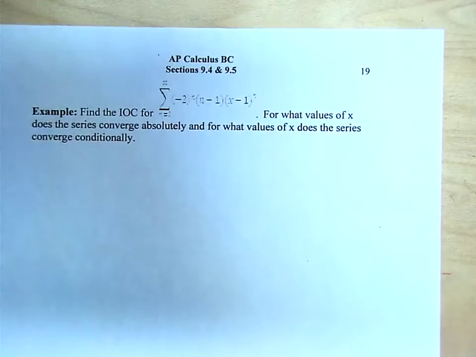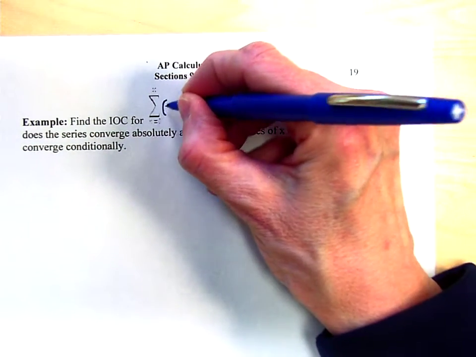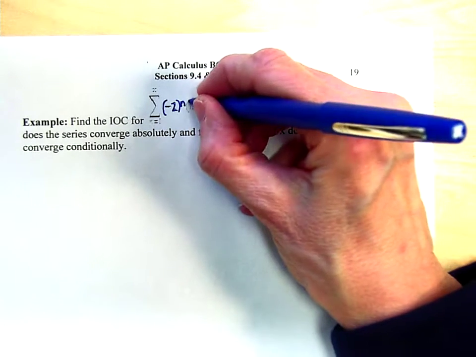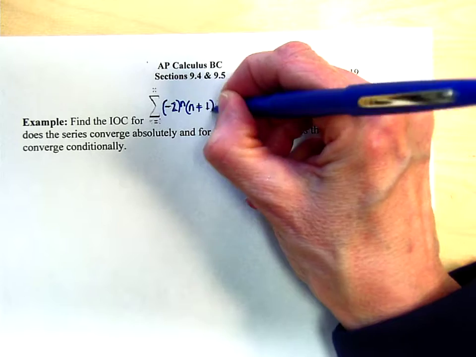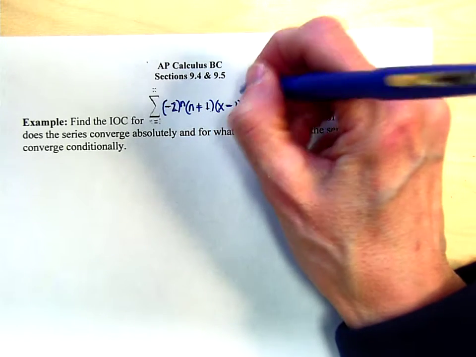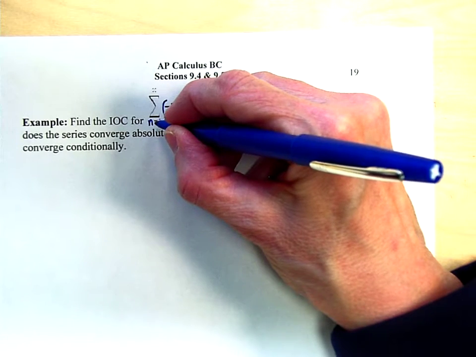The very last example of calculus, and we can't see the problem, so we have to fix this. This should look like -2 to the n, over n plus 1, and then x minus 1 to the n power, n equals 0 to infinity.